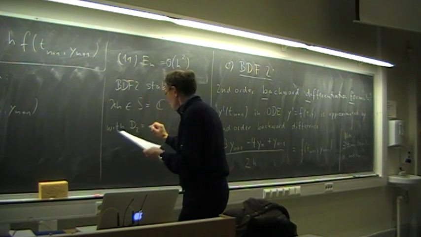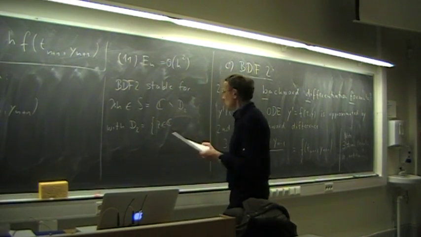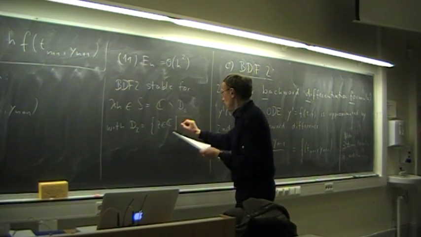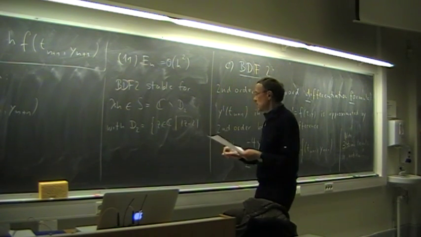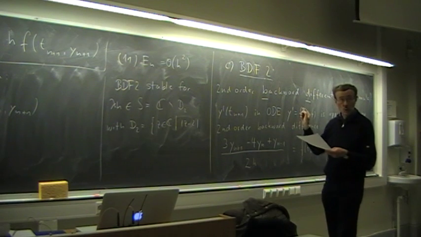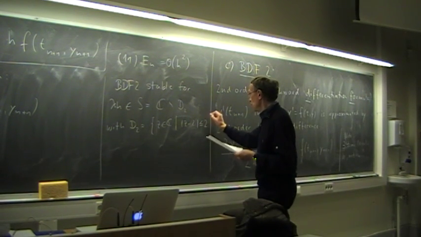D2 is the disk that is all complex numbers for which the distance from +2 on the real axis is smaller or equal than 2.